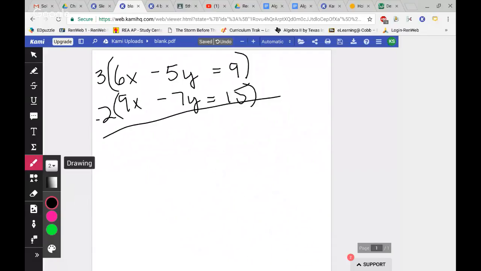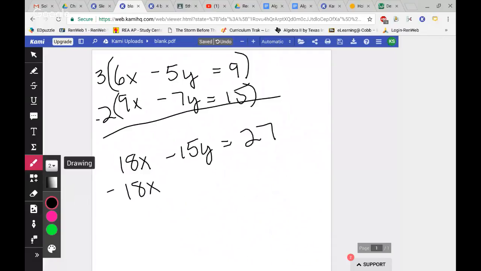So 3 times 6x is 18x. 3 times a negative 5y is a negative 15y. And 3 times 9 is 27. Negative 2 times 9 is what? Negative 18.